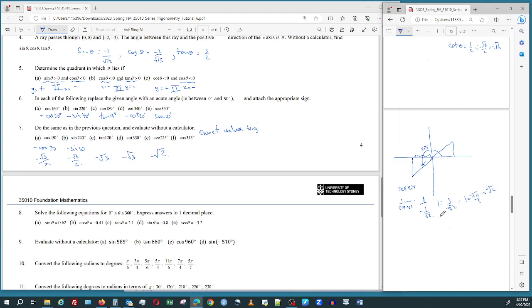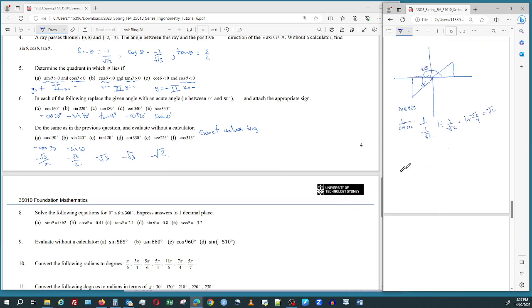Okay, cos 315. I'm just thinking about 45 again, is it? Yeah, it's 45, so it's this one here. So same widths all the way around.